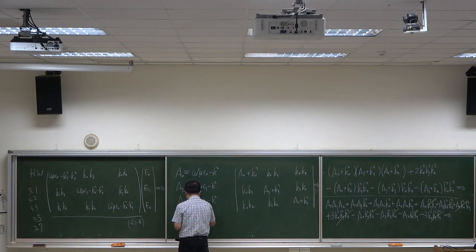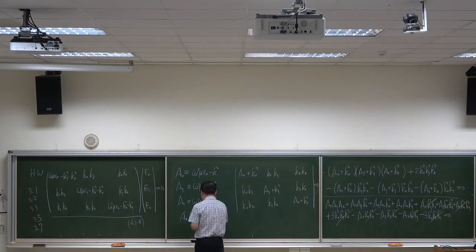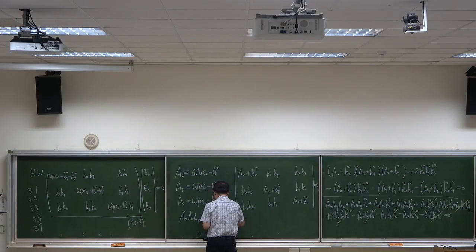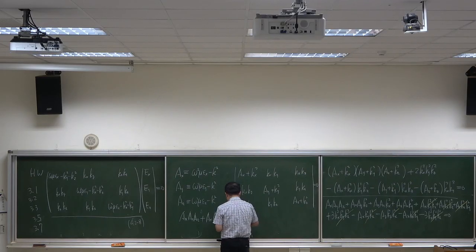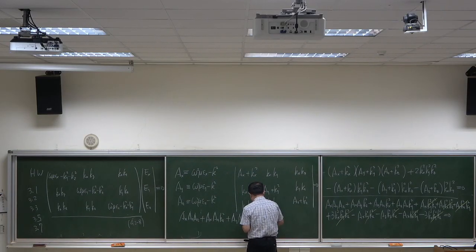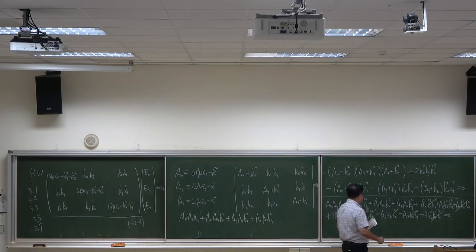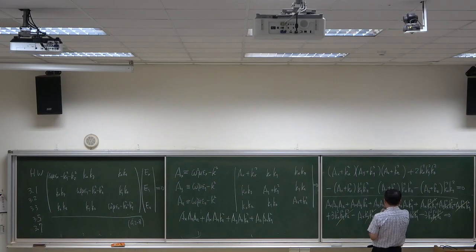Ax Ay Az plus Ax Ay kz squared plus Ay Az kx squared plus Az Ax ky squared. Just like that.